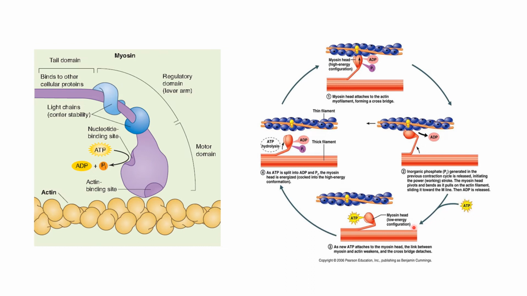The link between the myosin and actin weakens, and this will lead to the detachment from the actin, and ATP will split into ADP and phosphate.